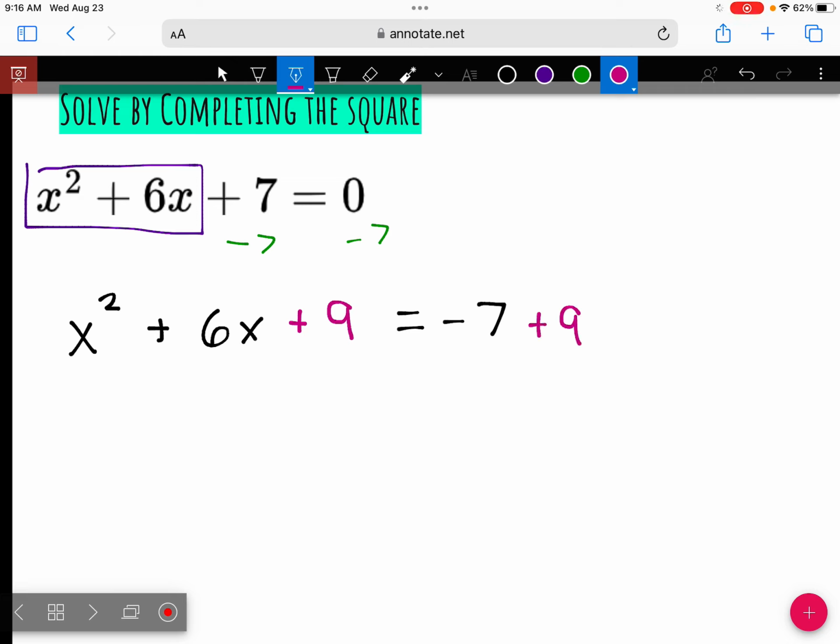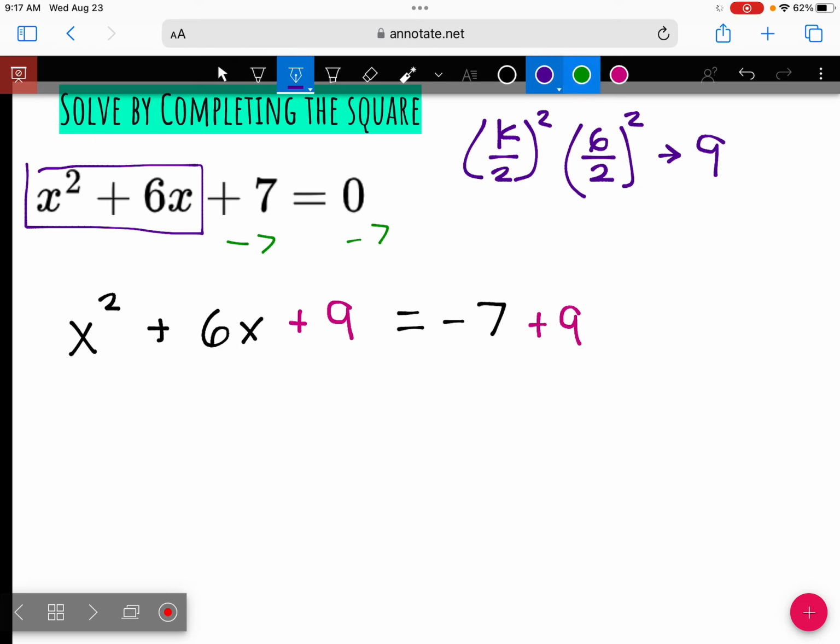Add it to the other side as well. So we're taking 6 divided by 2, squaring it, and that's where we got that 9. This is the k over 2 squared. Okay? I filled in this 6. That's where those pieces came from.